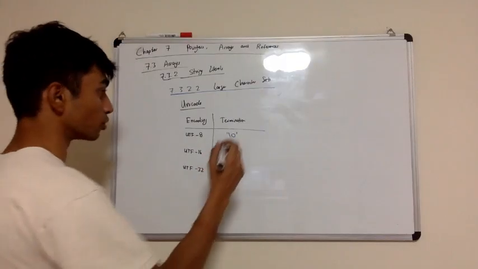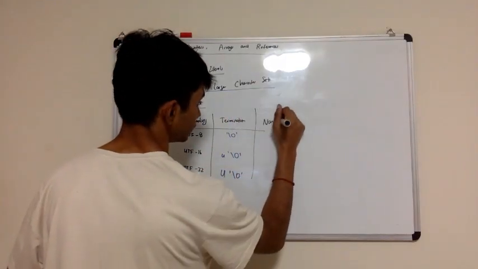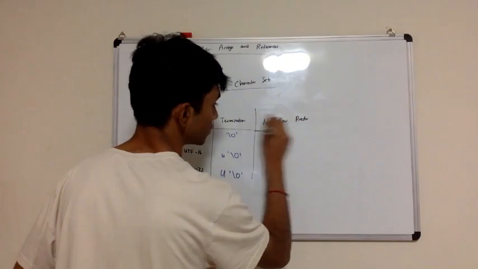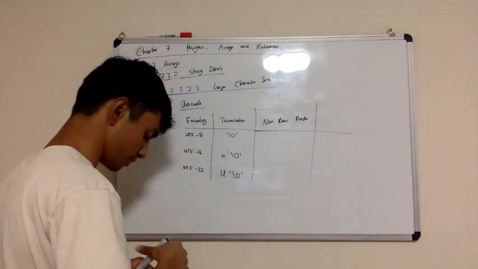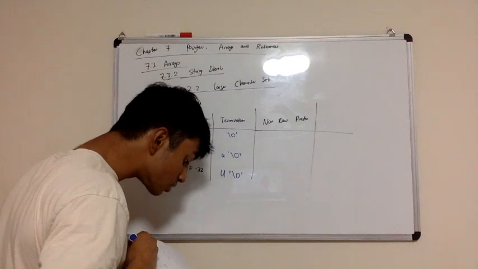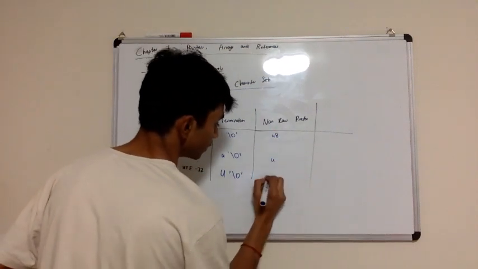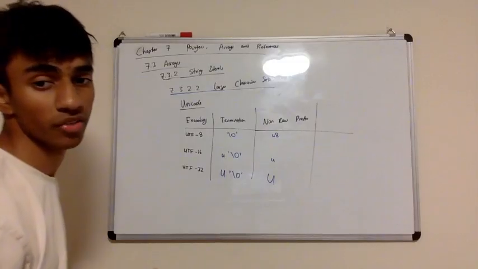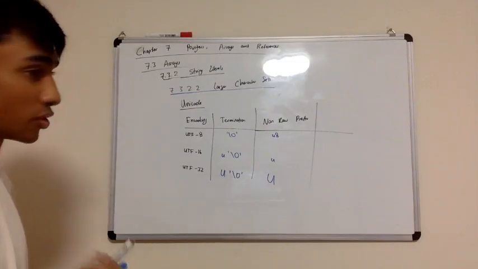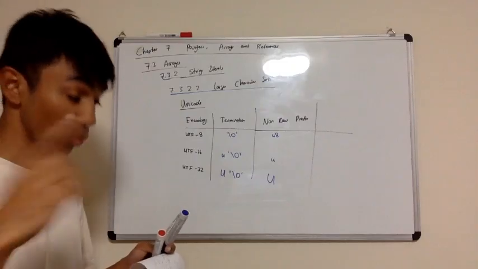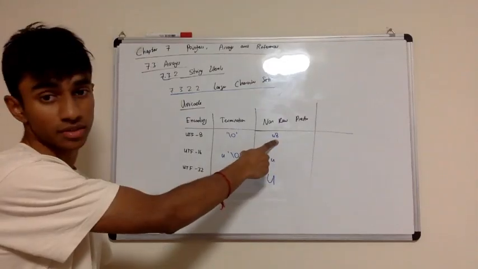And then the non-raw prefix to use each of these encodings. You've got U8, u, and capital U. So if you wanted a string literal that used Unicode, specifically UTF-8 encoding, you would prefix it with U8.